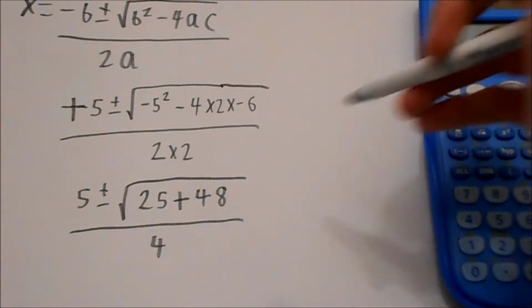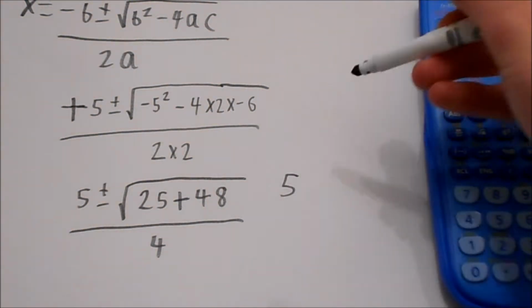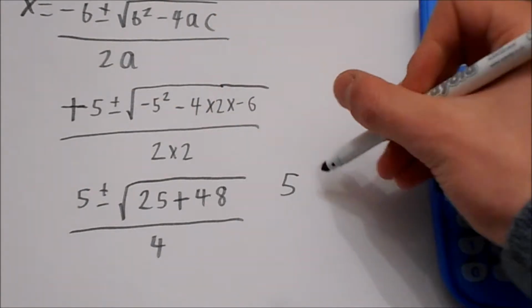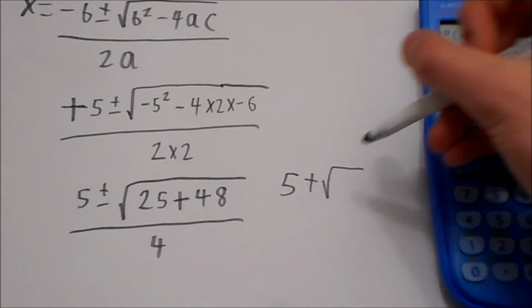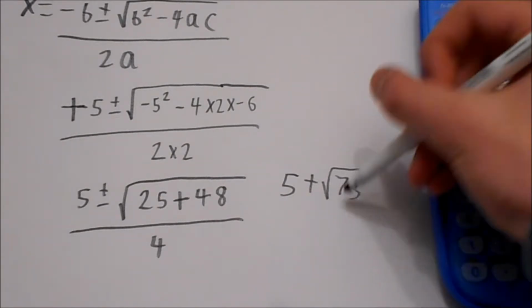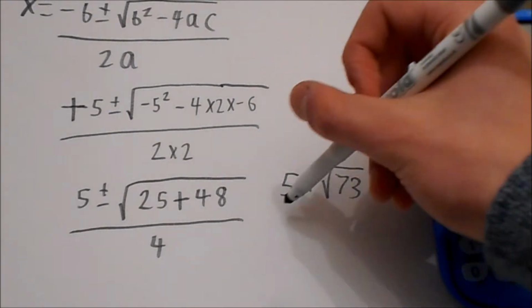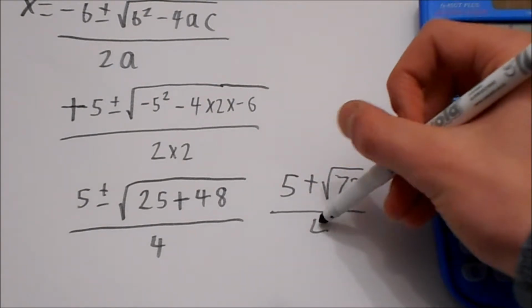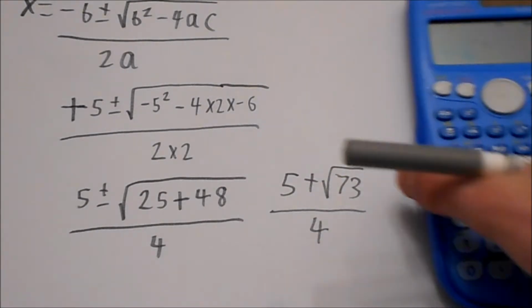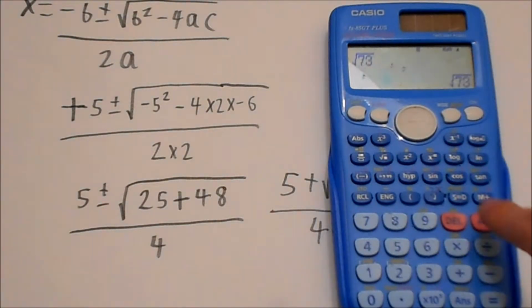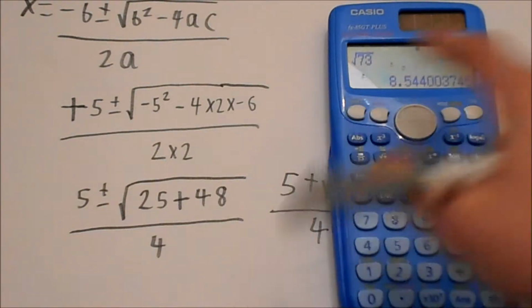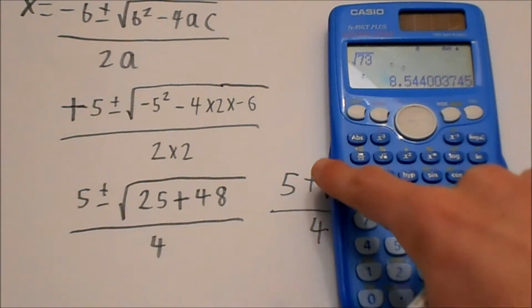So if we move this to the side a bit, we've got 5, and we'll start off by doing the plus. So 5 plus the square root of 73, and then divide that by 4. So the square root of 73 is 8.544, and so on.